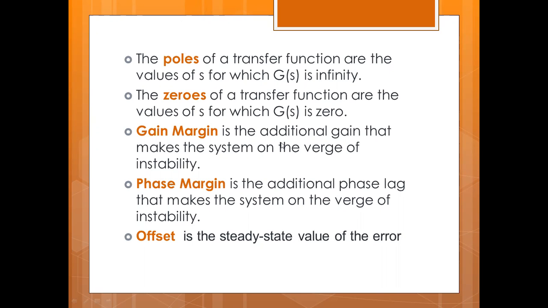So that's the gain margin. The phase margin is the additional phase lag that makes the system on the verge of instability. An added value to your phase lag, or your zeta, that will make your system unstable is your phase margin.